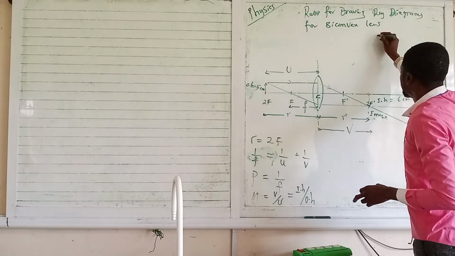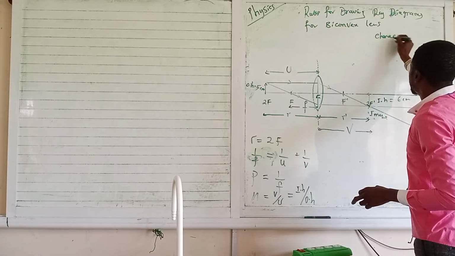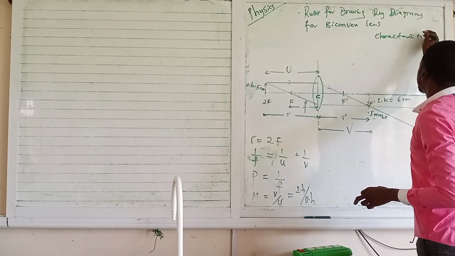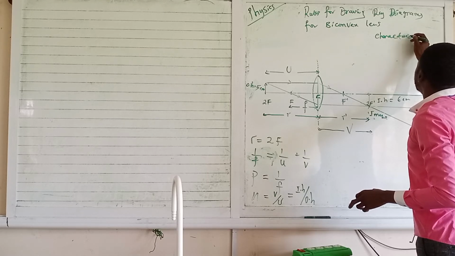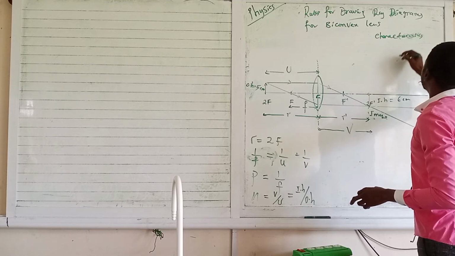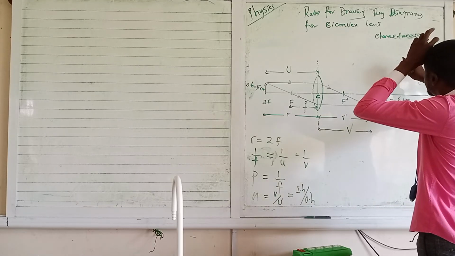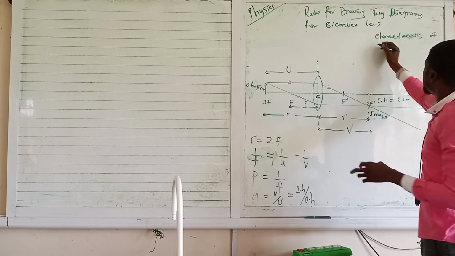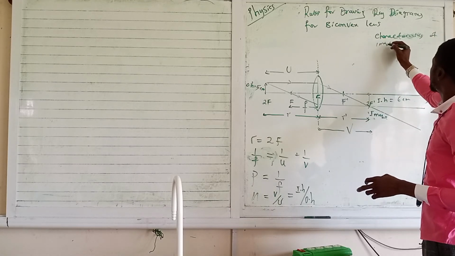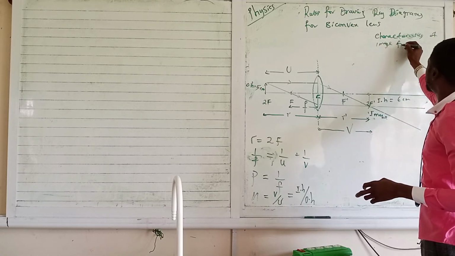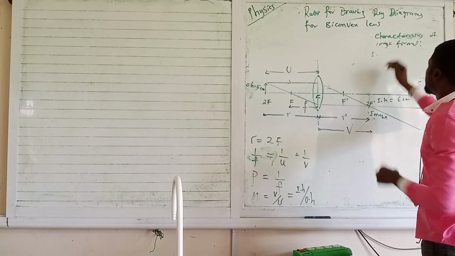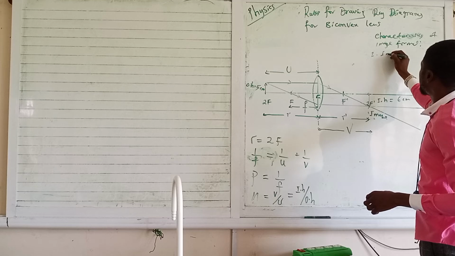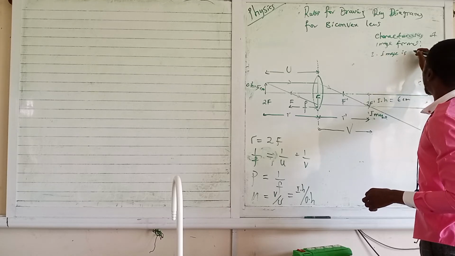Number 1, characteristics of what? Image formed. 1, image is what?